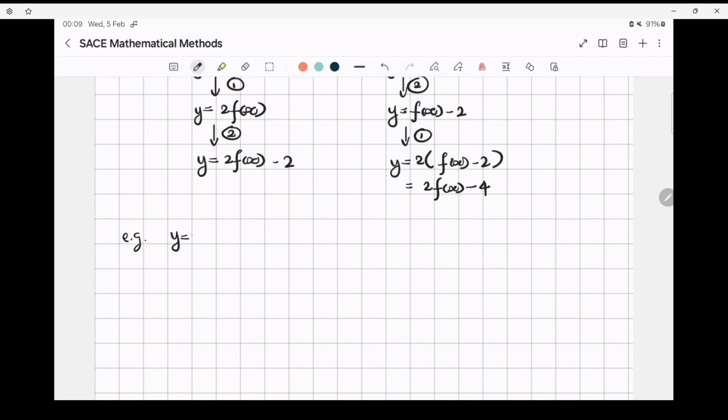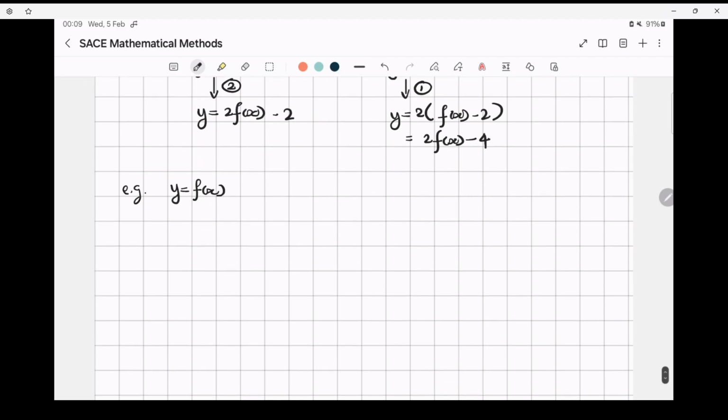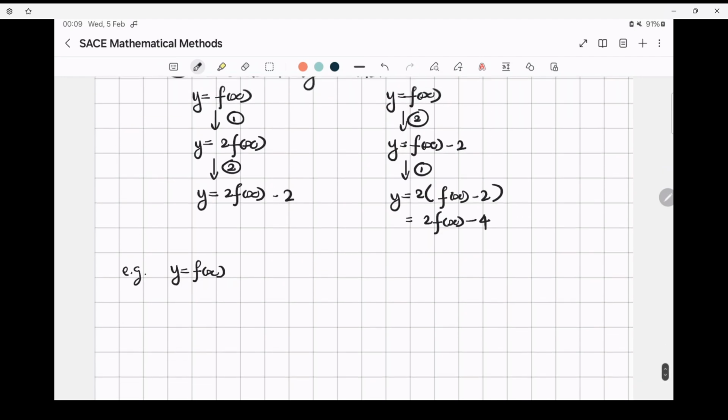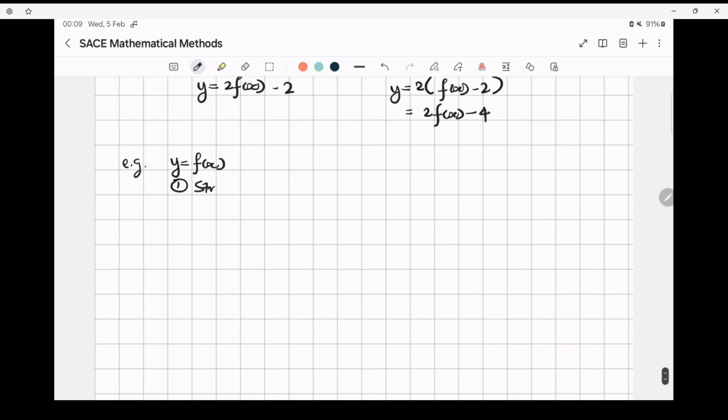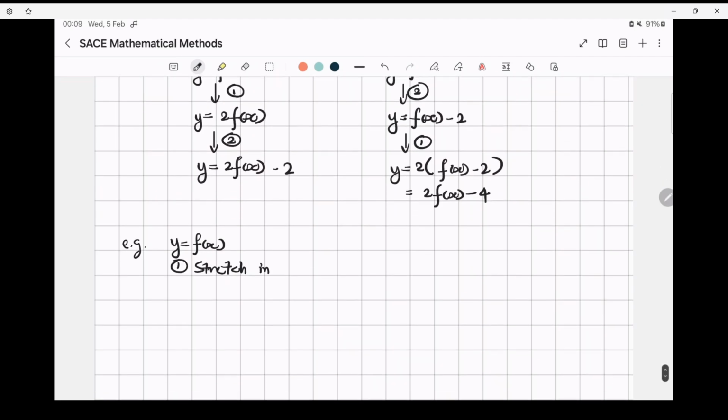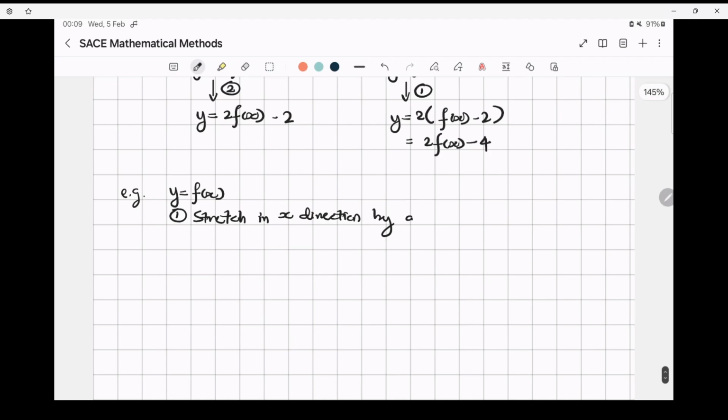You still begin with y equals f(x), and then what you would do is stretch in x direction by a factor of 2, and then you move left by 2 units.